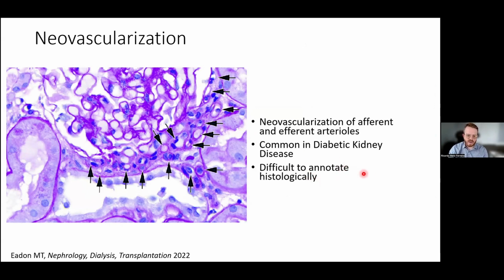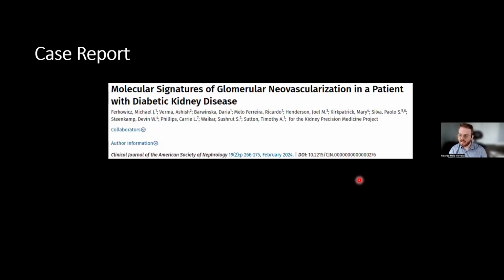That's also common in diabetic kidney disease. And it's not super frequent that it's annotated histologically, right? Not always do we have a report that comments on the presence or absence of neovascularization.